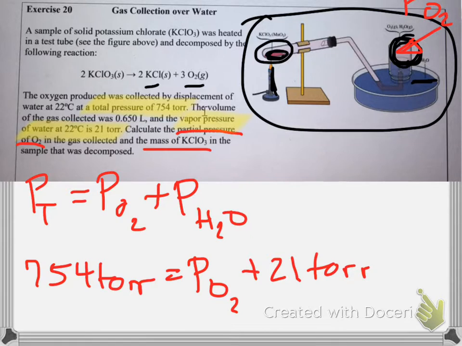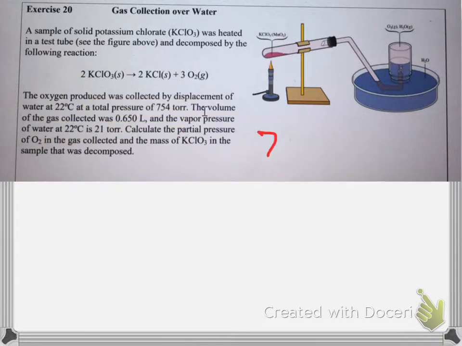This is simple subtraction, and we should end up with 733 torr. So 733 torr equals the pressure of our oxygen. That is our first question. We finished that. We just need to remember 733 torr equals pressure of the oxygen.